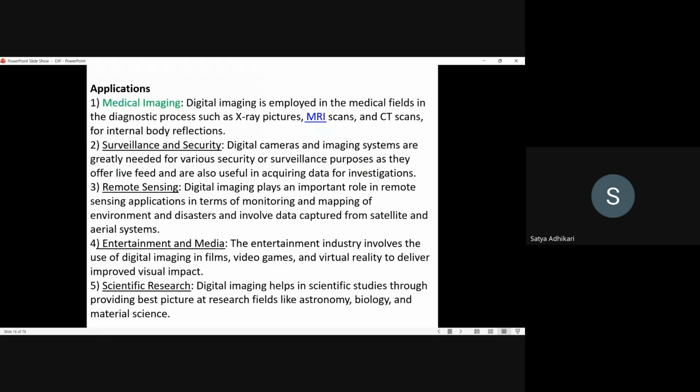Entertainment and media. The entertainment industry uses digital imaging in films, video games, and virtual reality to deliver improved visual impact. Scientific research also. Digital imaging helps in scientific studies by providing the best pictures in research fields like astronomy, biology, and material science.